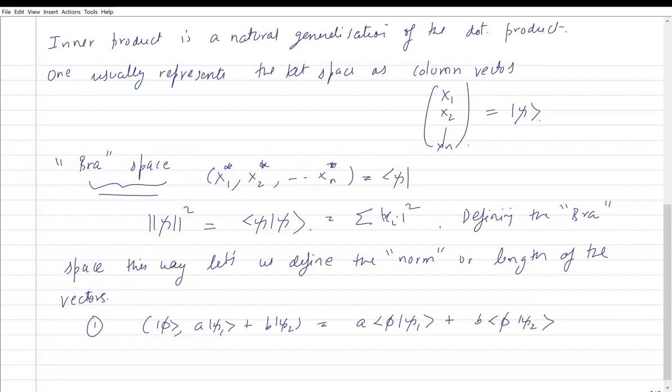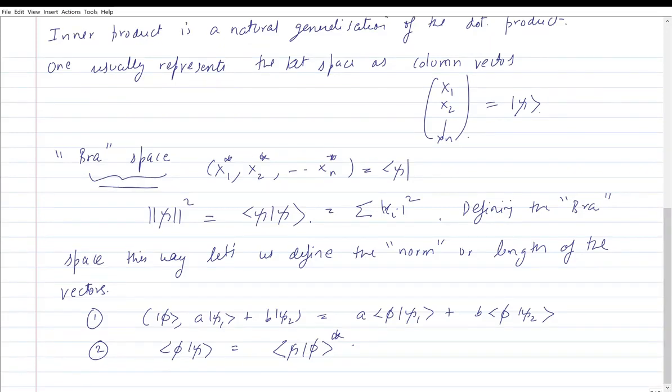And by definition, when I change the roles of the two vectors, the inner product becomes the complex conjugate. It's anti-linear in the bra space, so, for example, anti-linear in phi.